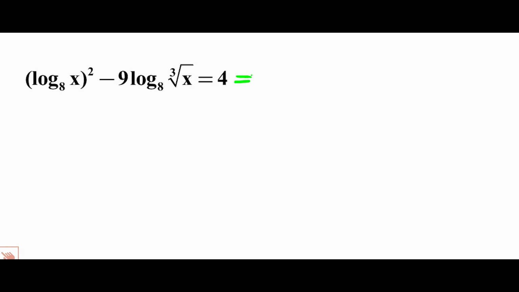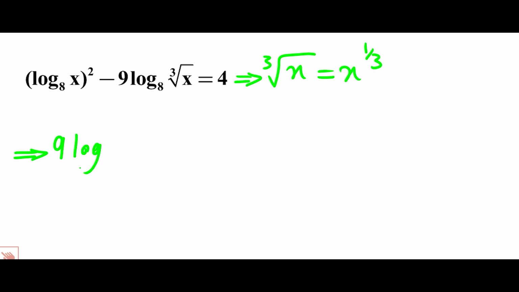Notice that the cube root of x equals x to the power of 1/3. And according to the power rule of logarithms, we can move the exponent to the front. So 9 times log base 8 of x to the power of 1/3 equals 9 times 1/3 log base 8 of x.